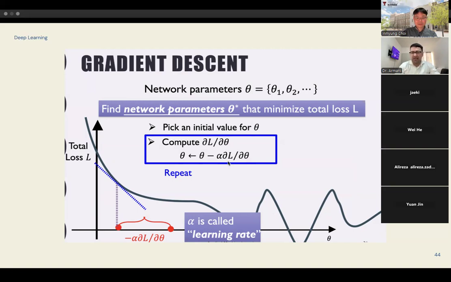So based on that, we adjust the weight. Of course, we adjust the weight in the opposite direction of the partial derivative, because the partial derivative or the gradient directs towards increasing the loss function, but we want to minimize the loss function. So we move to the opposite direction, and essentially we find the optimal values for the parameters of the network.